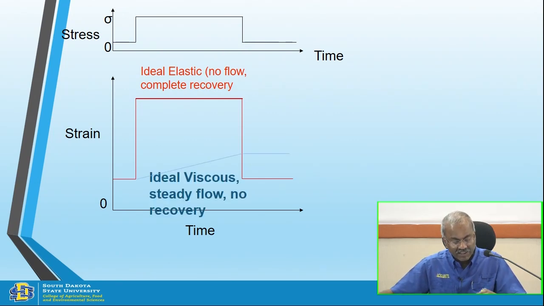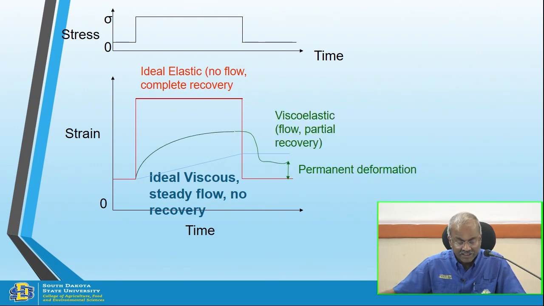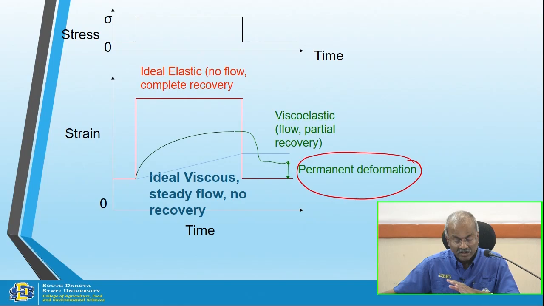And then ideal viscous, it's a steady flow, no recovery. Whatever energy you put in, it gets lost. But our material is viscoelastic, so there will be a permanent deformation where some of the energy you applied is lost for a viscoelastic material. And this is the ideal case for the creep behavior.